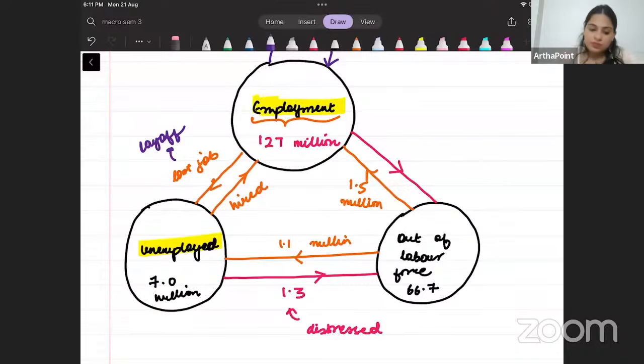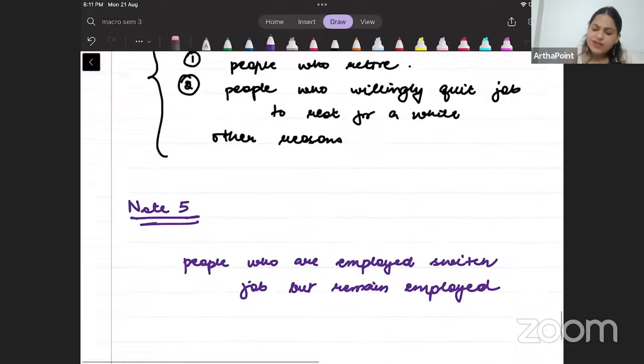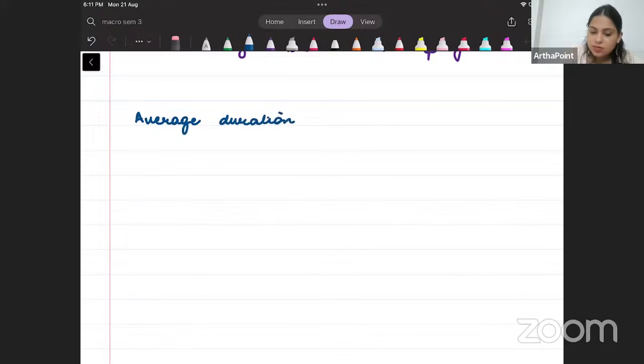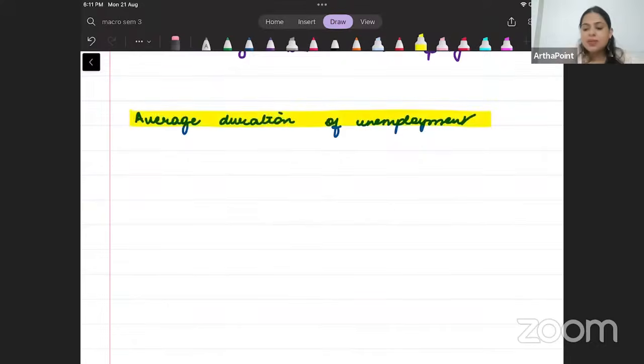Now, I want to define something which is known as average duration of unemployment. वैसे तो ये वर्ड ही अपने आप में समझा देता है कि इसका क्या मतलब है, but let's understand. The average time that you spend being unemployed, that is known as average duration of unemployment.